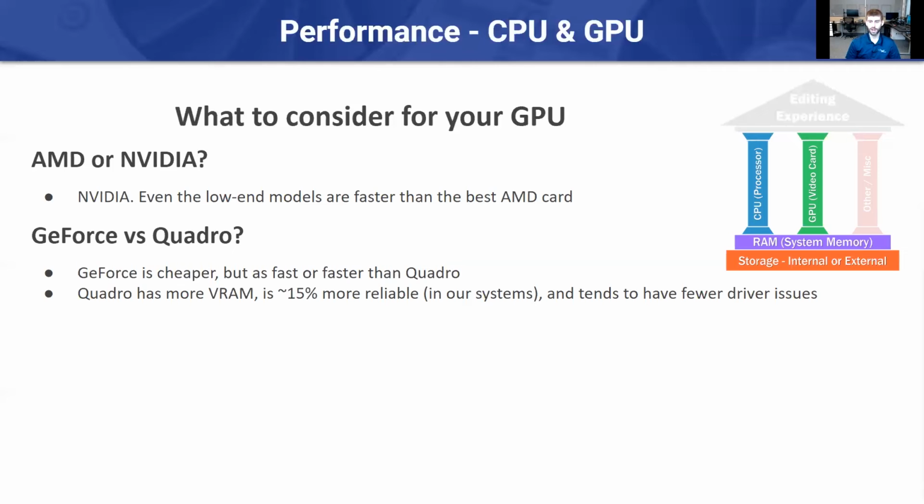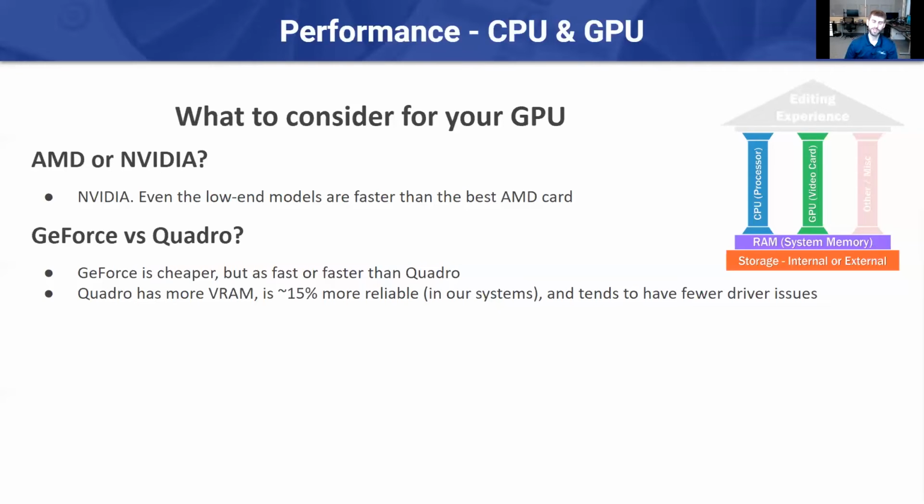It's kind of like what we were talking about before with ECC memory, like mission critical systems. You might want to go with Quadro because that slightly higher reliability is worth the cost. It's worth the extra $2,000 to get a Quadro that has the performance level you need. Quadro does tend to have fewer driver issues as well.